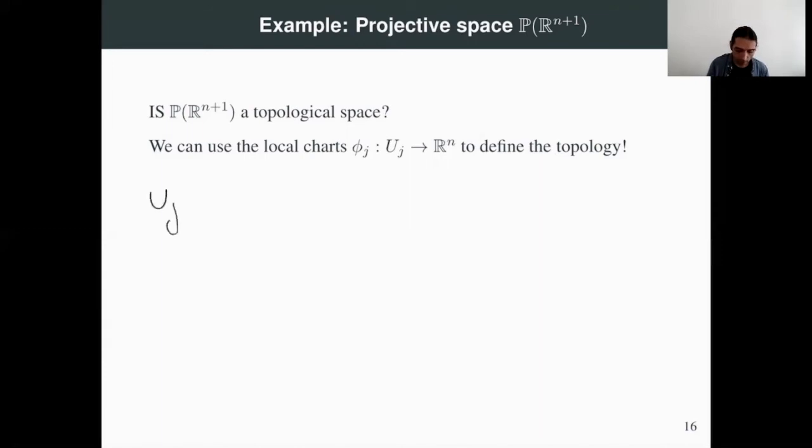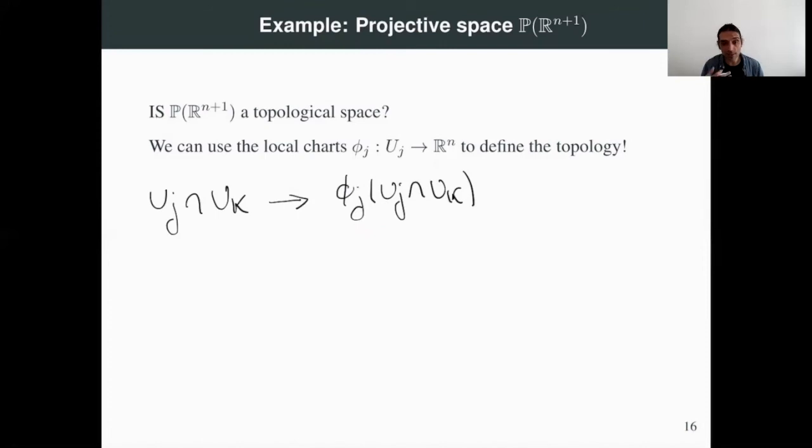If we have U sub j intersection with U sub k, this image has to be an open set, and the same for the one where we write k, both have to be open subsets of R to the power n.